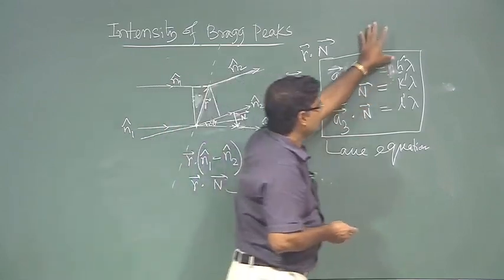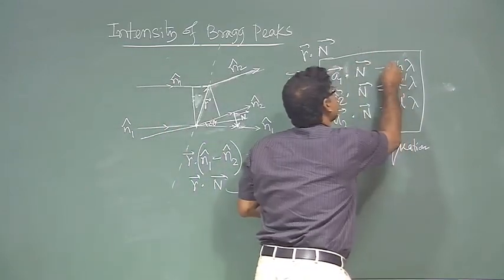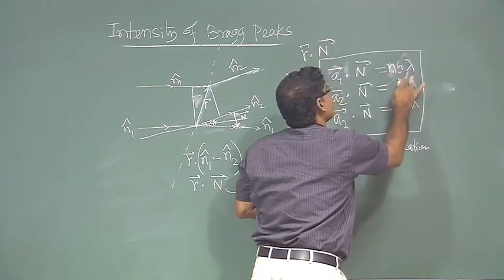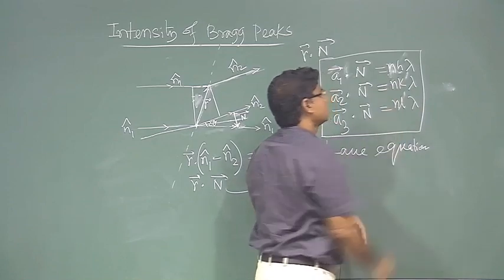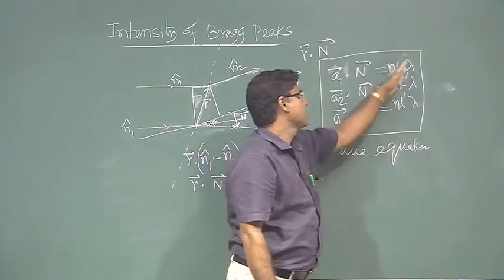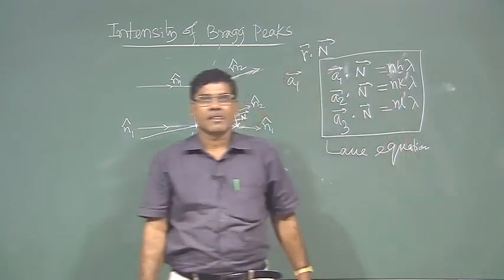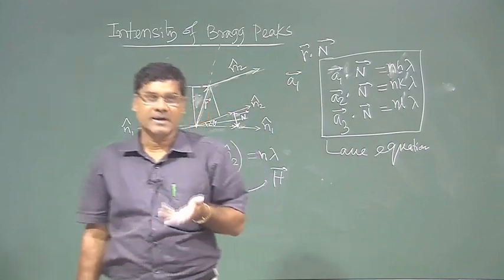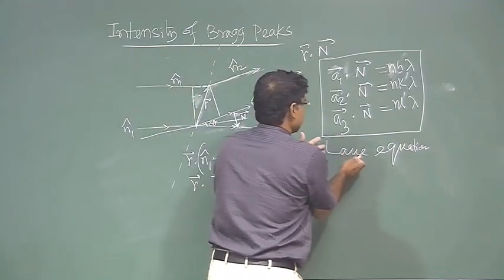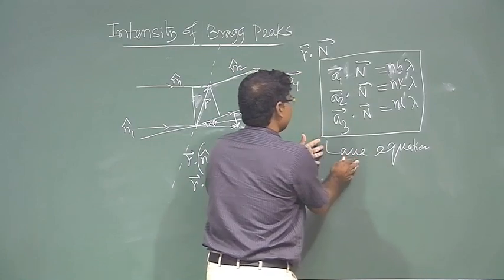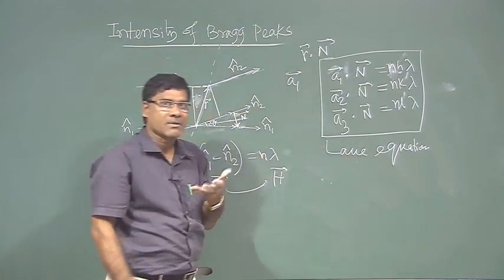So, that is why I can write H dash with the common factor, NH, NK, and HKL are basically the Miller indices. Okay.